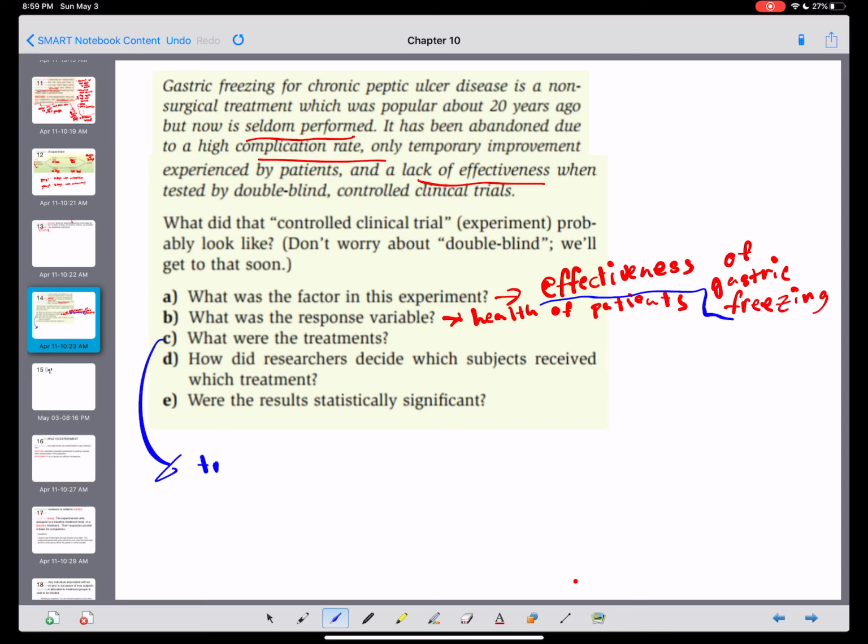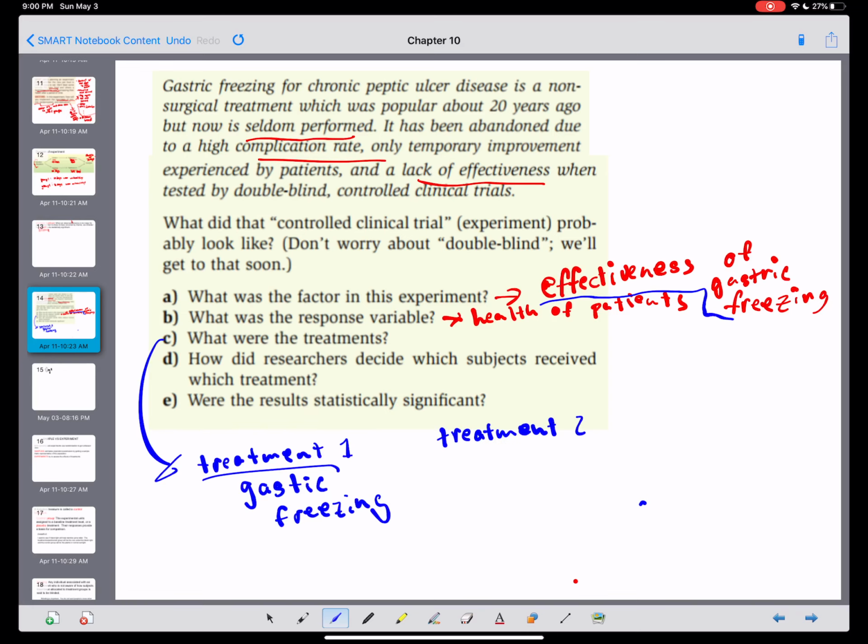What were the treatments? Treatment 1 would be the gastric freezing, meaning the actual surgery or whatever the process. Treatment 2, you want to compare it to something.